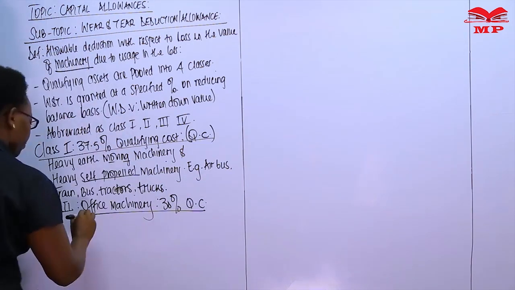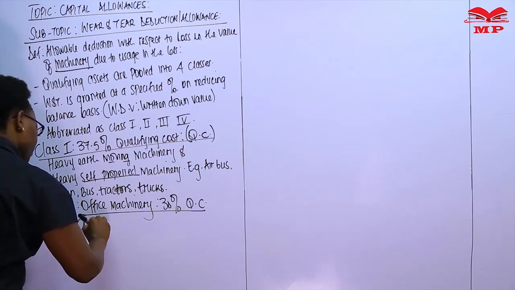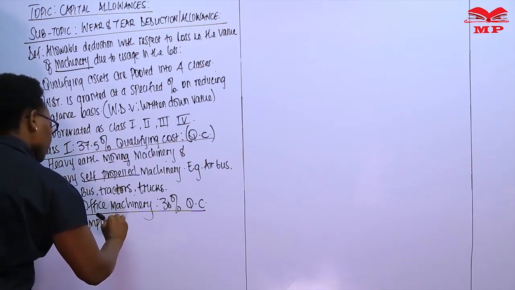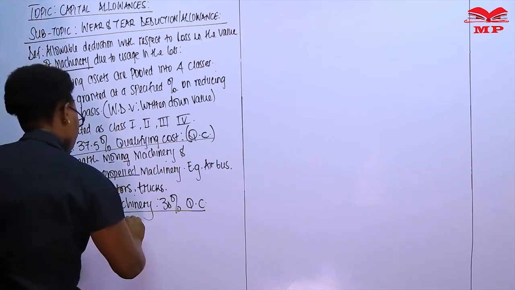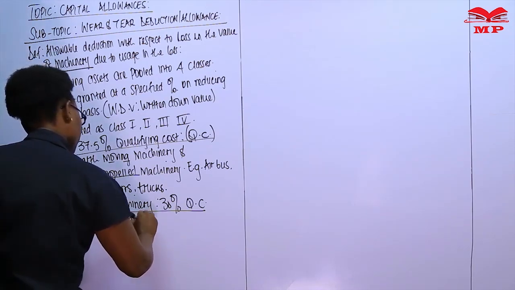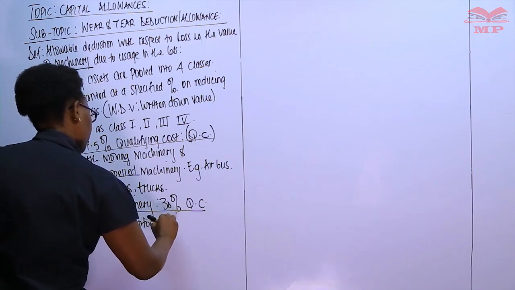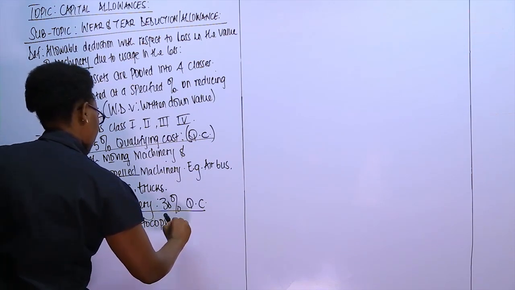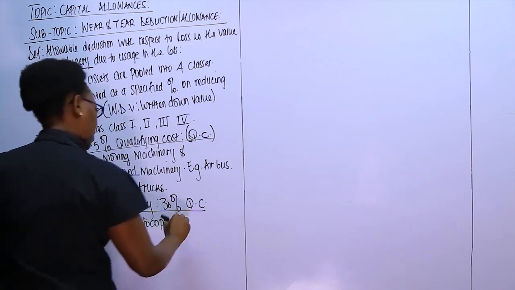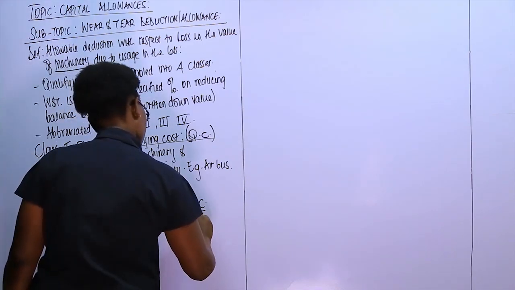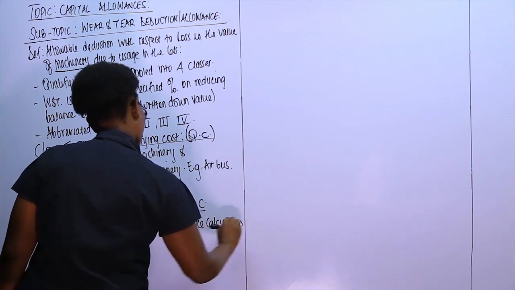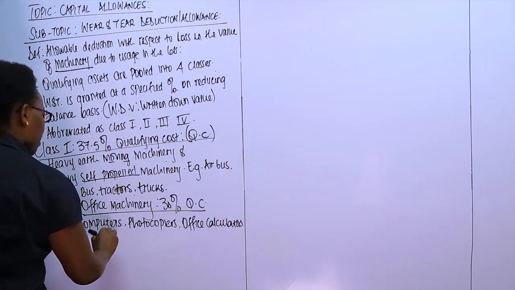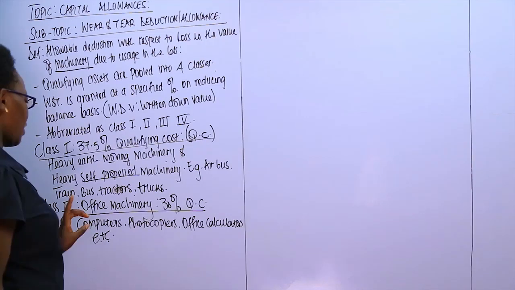So for example, computers and the peripheral devices, photocopiers, office calculators, and other items that you find in the office. So that goes to class 2.